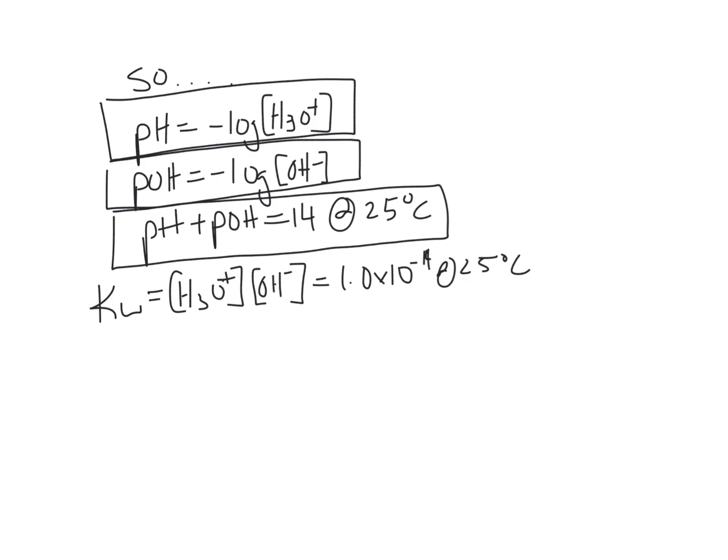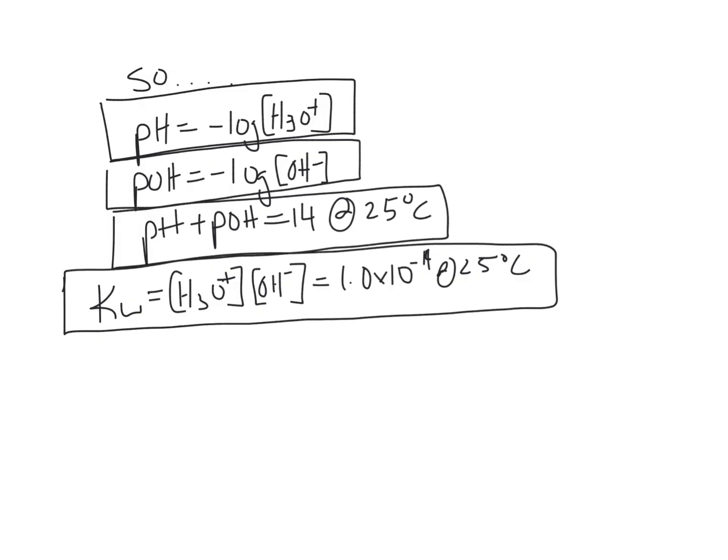We know that the ion product constant for water, Kw, is equal to the hydroxide concentration times the hydronium concentration, and we know that product is equal to 1.0 times 10 to the minus 14 at 25 degrees. Okay, so we're starting to establish some really universal relationships that apply all the time to all aqueous solutions.